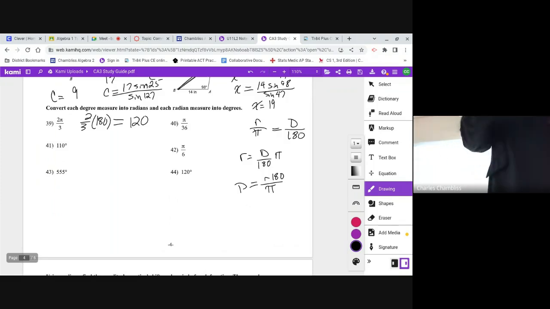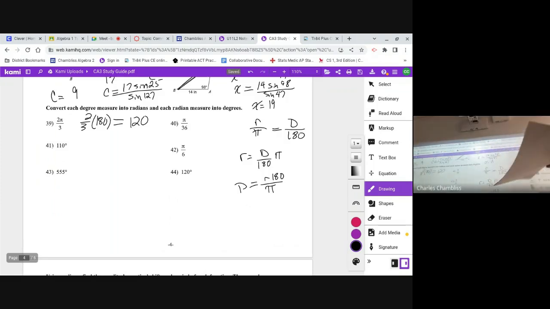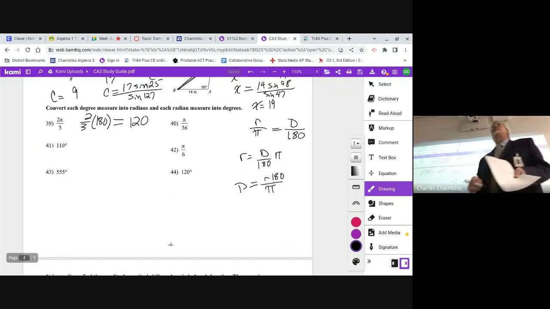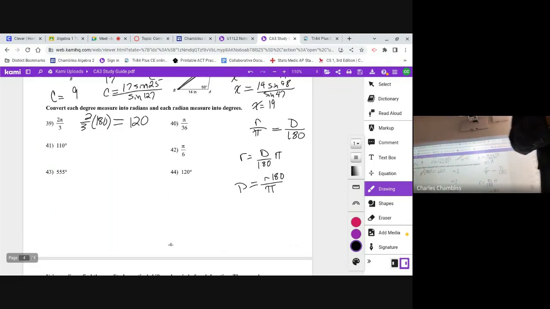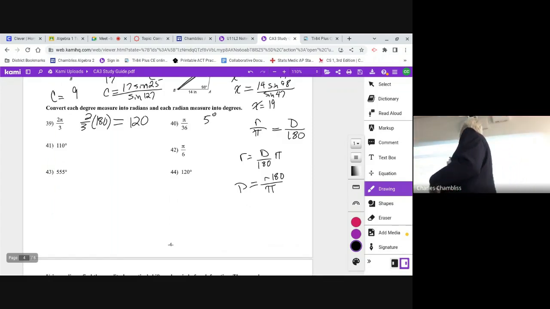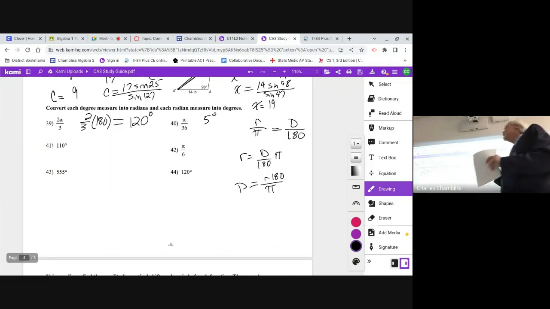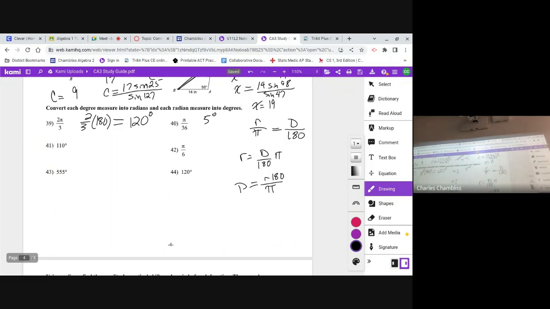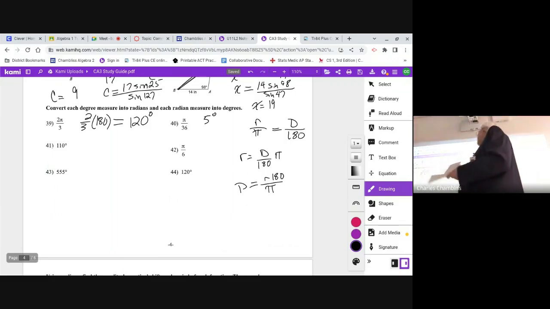Okay, and again, you can calculate these. Nothing wrong with that. I'm just going through it because these are simpler things. Number 40, divide out the pi, you're going to have 180 over 6. If it's radians, you divide out the pi and then multiply by 180. Pi over 6 times 180, that means it's 180 times 1/6. That's just 30 degrees.